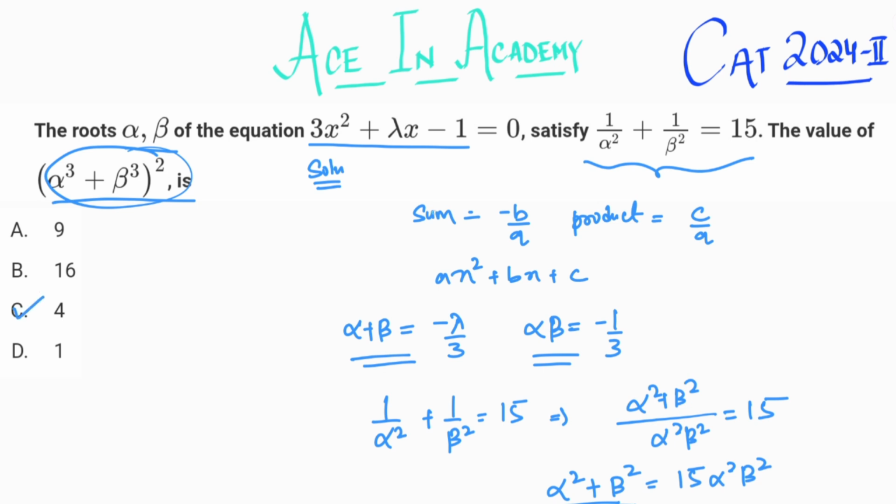So what we did was we took the property of quadratic equation, that is the sum of the roots is equal to minus b by a, where a, b and c are the coefficients of x squared, x, and the constant term, and the product of the roots is equal to c by a.